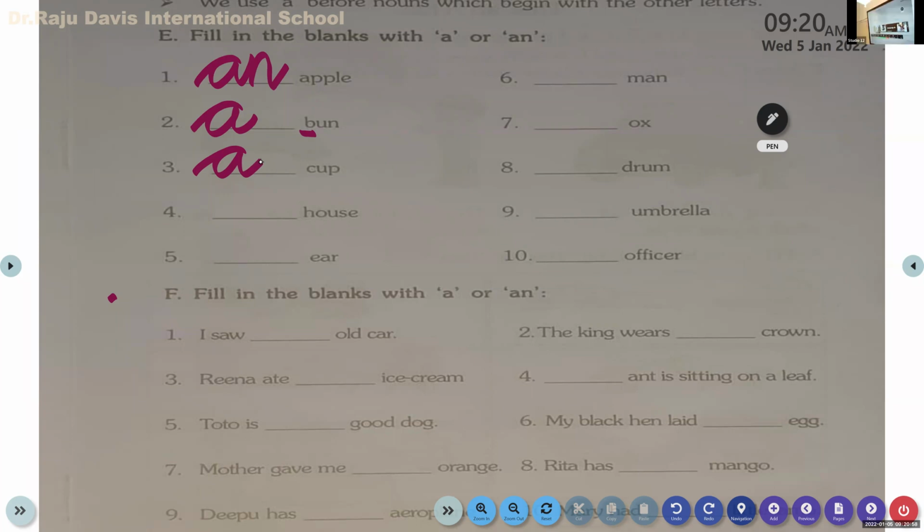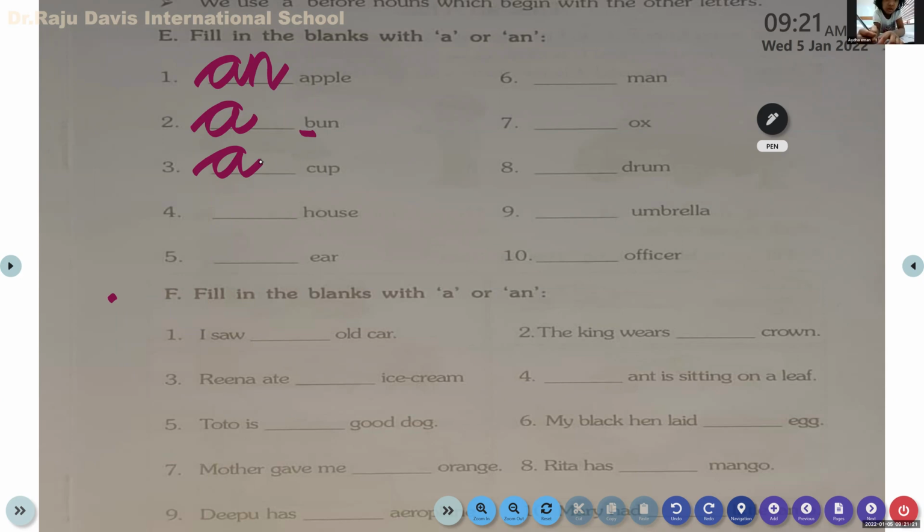How do you pronounce the word? H-O-U-S-E. What is that word? It is house. Come on, pronounce the word. House. Very good. So whether we have to use a or an before the word?